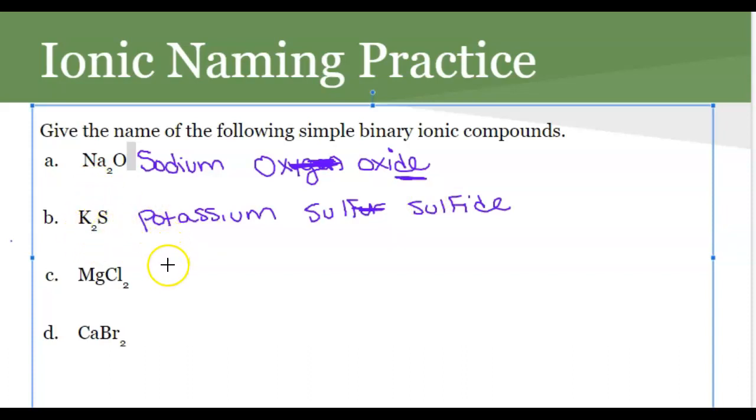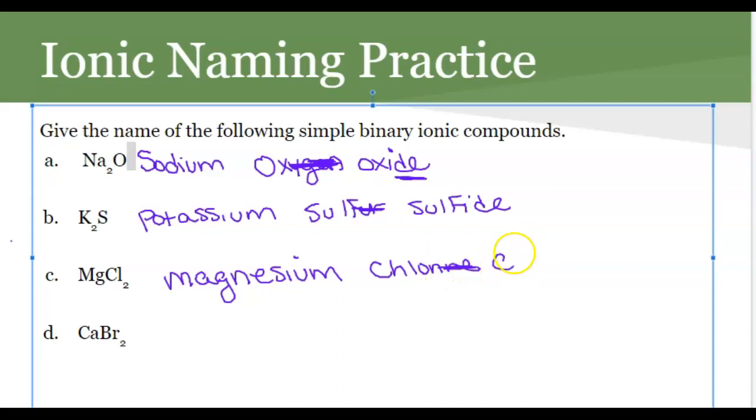You could have 1 or 2 or 5. That part doesn't matter for ionic compounds. You're only looking at the specific elements that are putting them together. So we have magnesium, and then instead of chlorine, I'm going to take off that and make it chloride. So we have magnesium chloride.